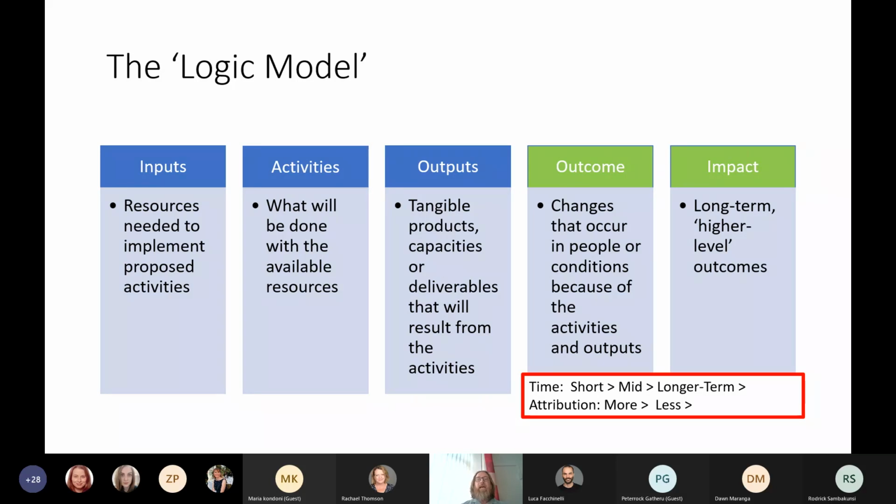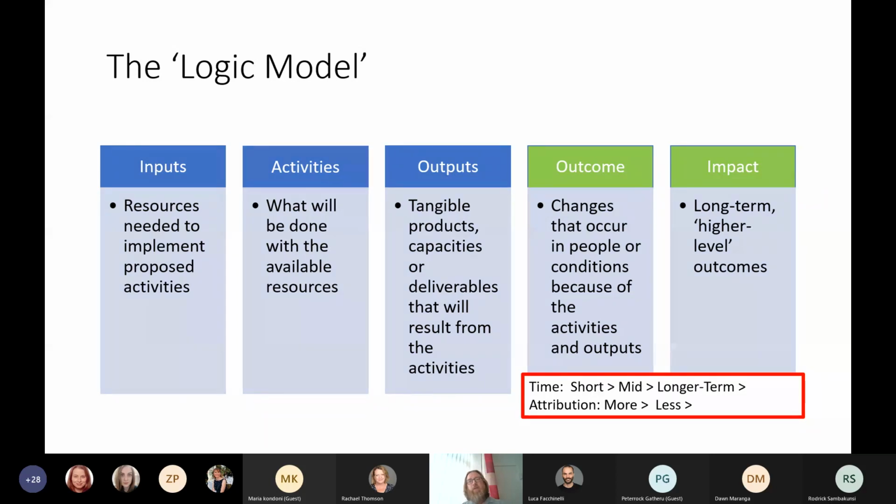Similarly, when we talk about attribution, the extent to which you can claim your work has resulted in this outcome. When we look at short to midterm outcome measures, ideally you can more easily attribute those measures directly to the work you've done.